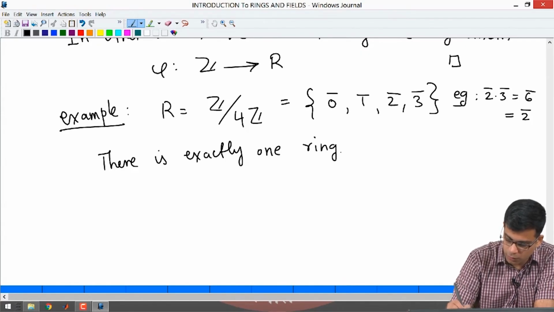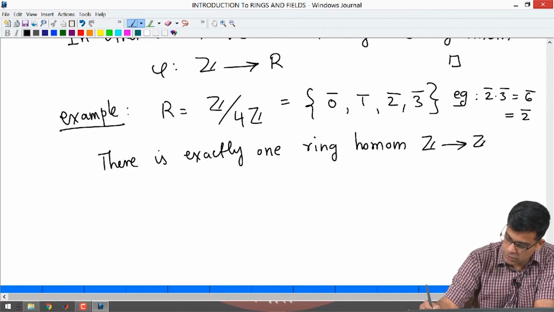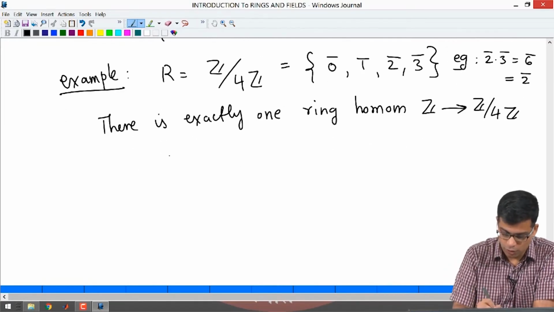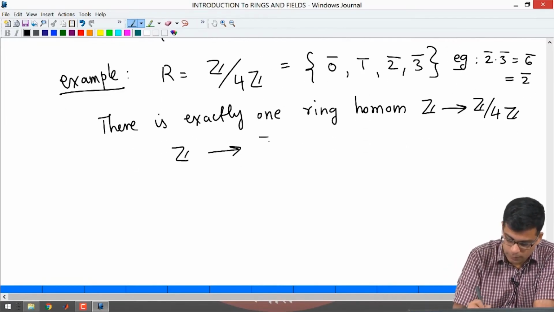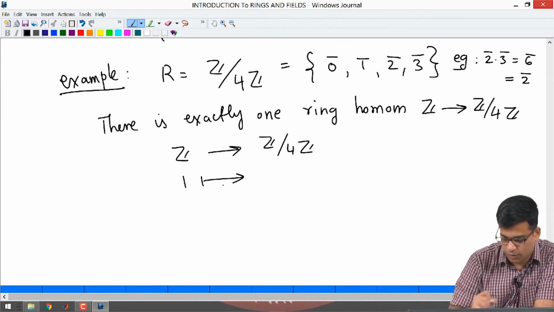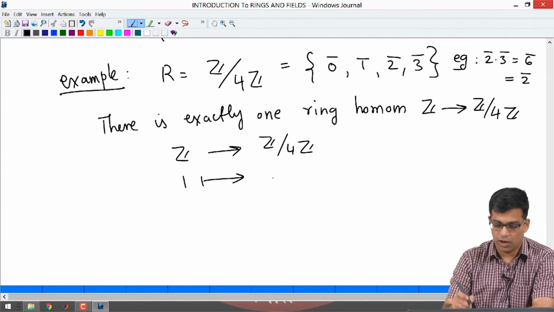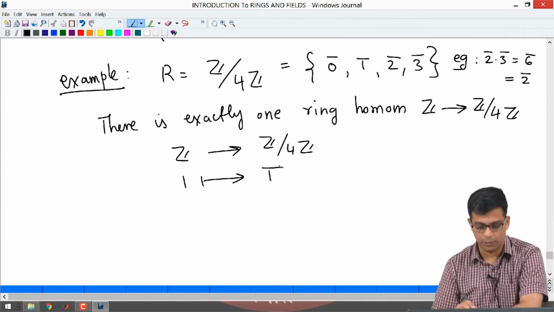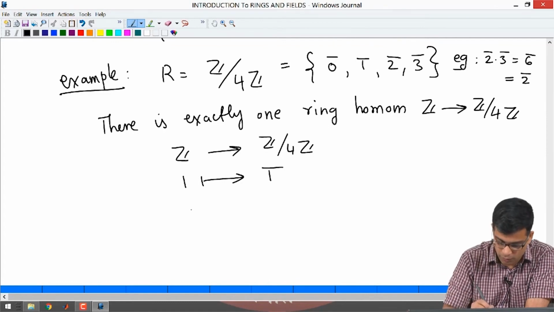one ring homomorphism from Z to Z mod 4Z. Let us explicitly write it down. As we said, 1 must go to 1 of R. R has 4 elements here, so 1 bar is the multiplicative identity, and 1 must go to 1 bar.